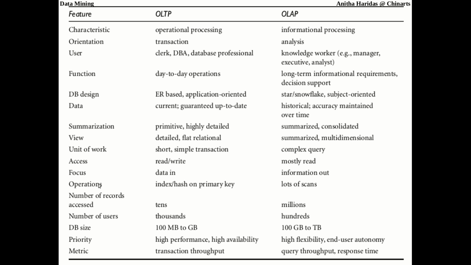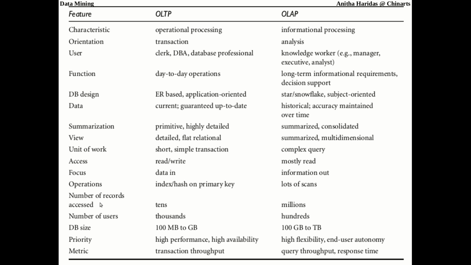Then based on the operations, obviously it is going to have indexed or hash based access, which will be completely based on the primary key. But here it is going to have multiple scanning. We'll be discussing in data mining how many scans are required for each operation. Right, so you need to scan the entire data many times for analysis purposes.